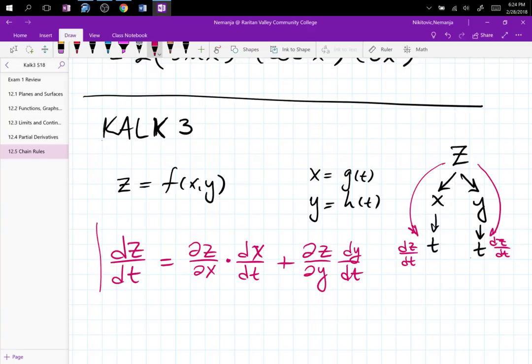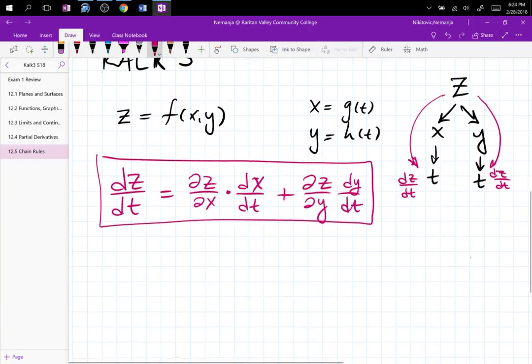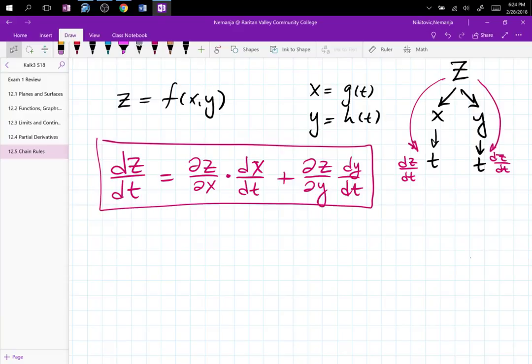And this would be the formula for chain rule when you have two independent variables x and y that actually depend on parameter t. It's a function of position, right? All right, so this is cool, right?